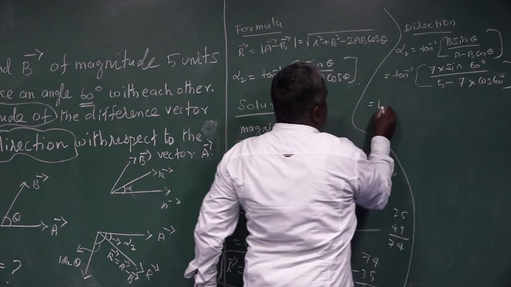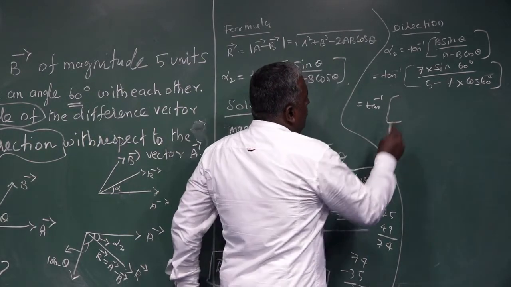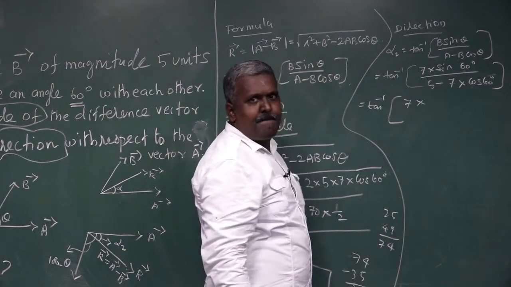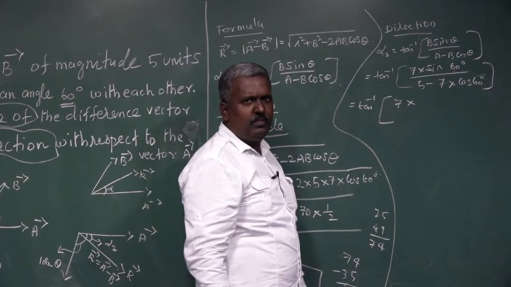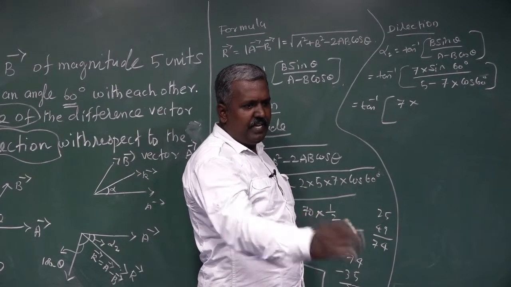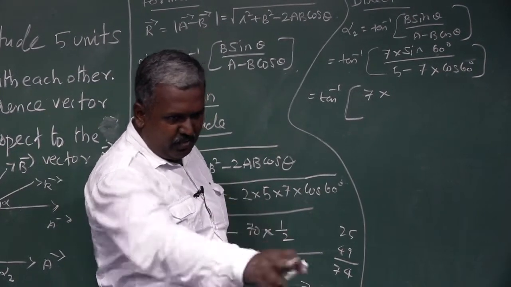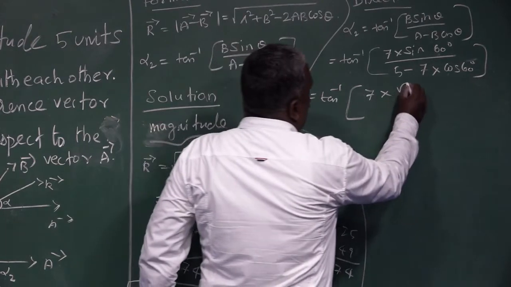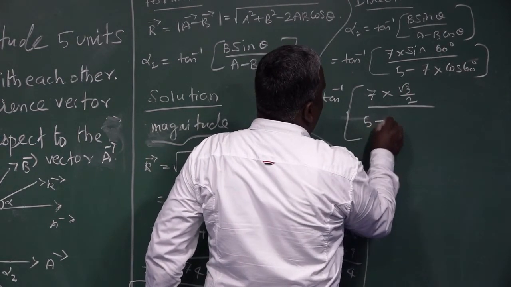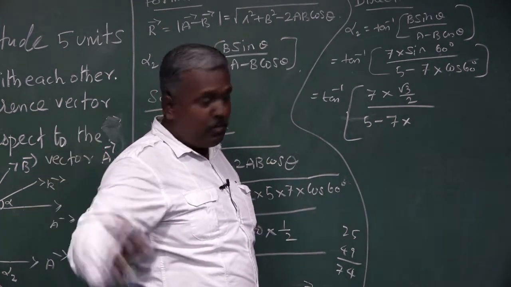So tan inverse of 7 into sin 60 degree. I already told you just now: sin 60 degree is root 3 by 2. You are correct. Divided by 5 minus 7 into cos 60 degree, that is 1 by 2. Very good.